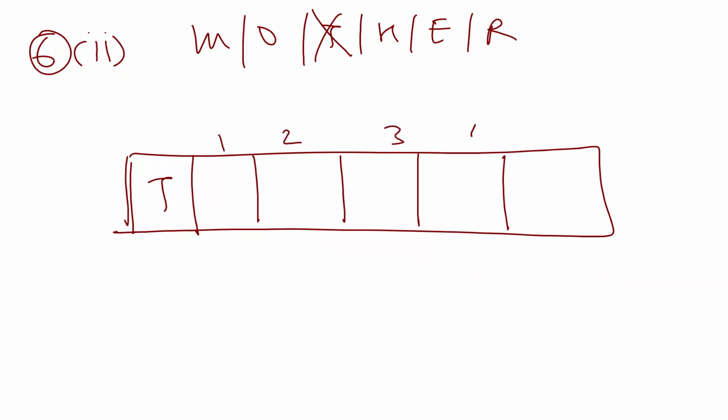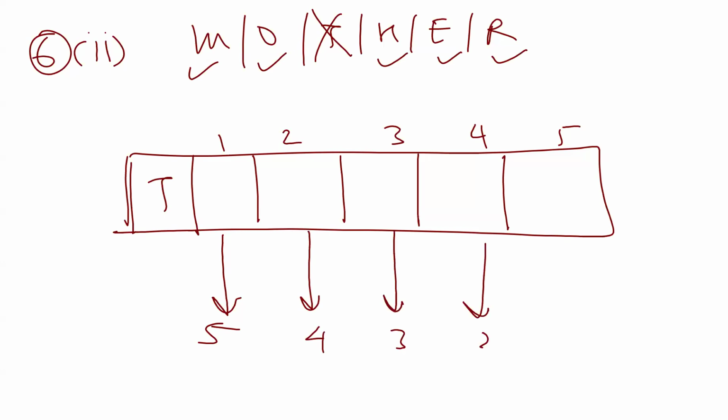1, 2, 3, 4, and 5. So this can be filled up in 5 ways. Why 5 ways? M, O, H, E, R. This will be filled up in 4 ways. This will be in 3 ways. This will be 2 ways, and this will be 1 way.